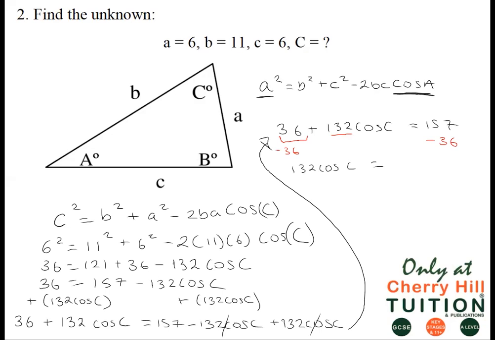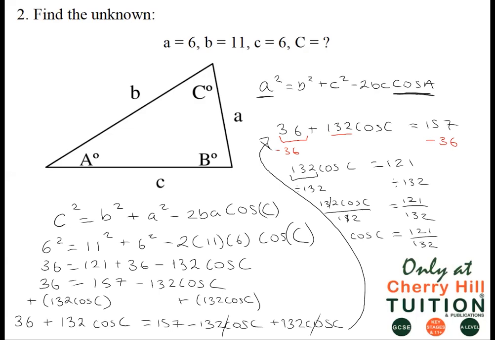And on the other side, we have 157 minus 36, which is 121. And now we need to get rid of this multiplied by 132. So we can divide both sides by 132, which will leave us with 132 cos of C over 132 is equal to 121 over 132. Now on the left hand side, the 132s both cancel out and we are just left with cos C is equal to 121 over 132.